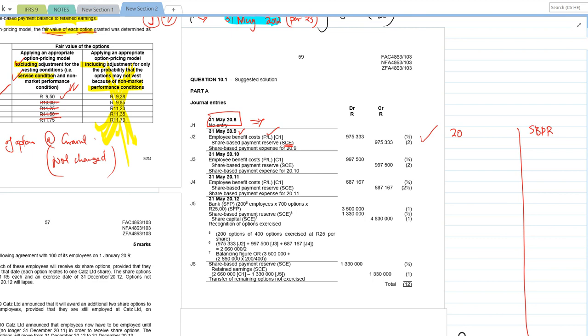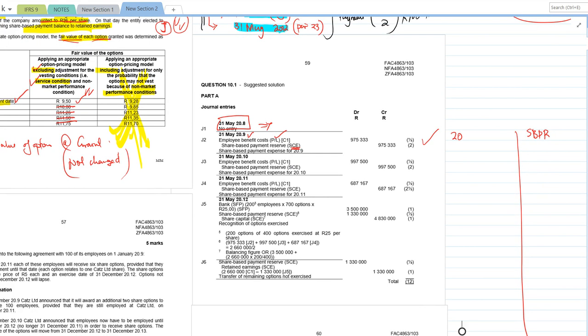Now, in the statement of changes in equity, we're expecting, let's say in 2009, an entry like this. Share-based payment transaction, and in that year it's going to be 975,333, right?